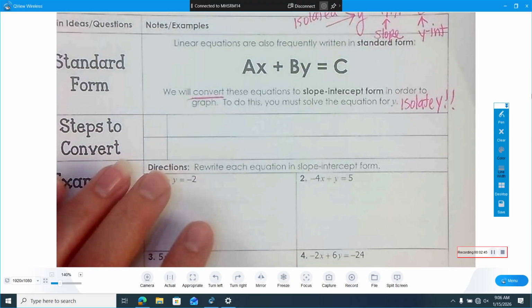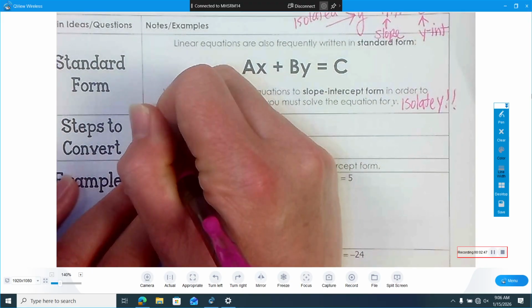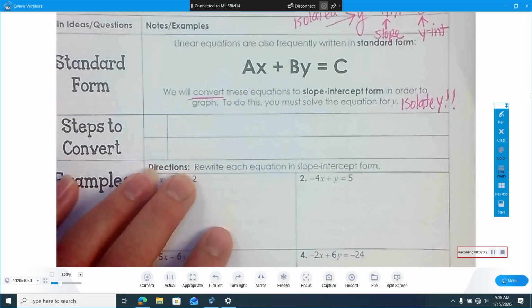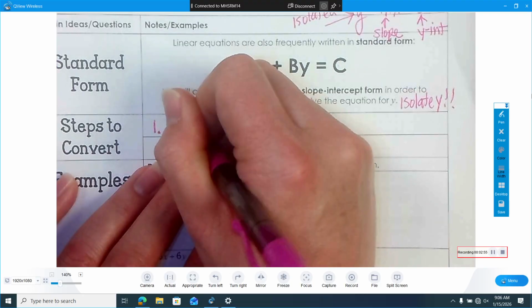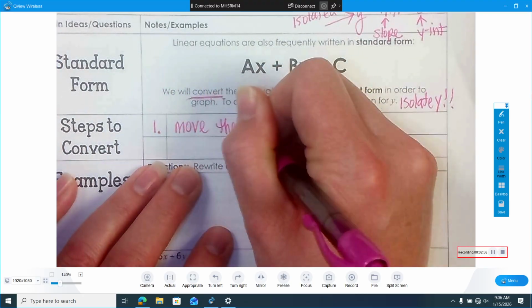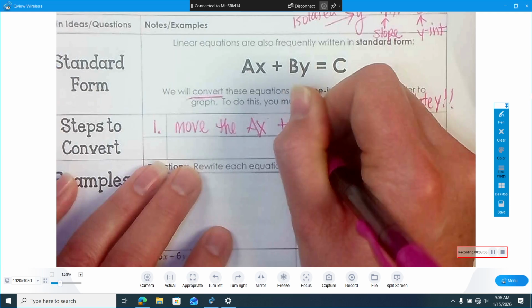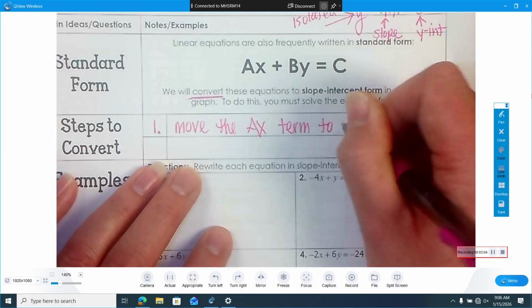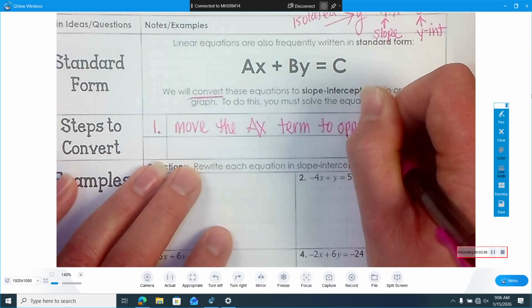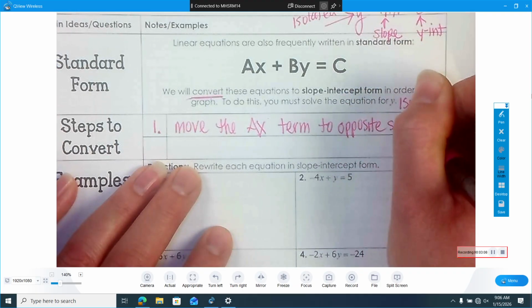So we have some steps to convert. I'm going to write step number 1. We want to move the AX term to the opposite side. That is the first step.